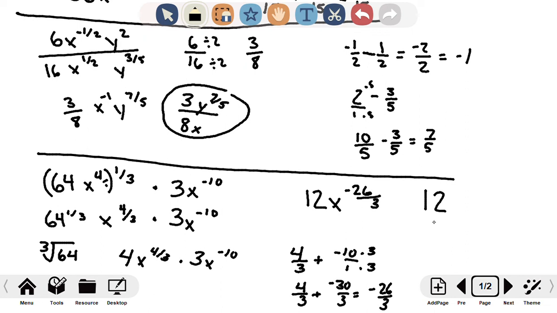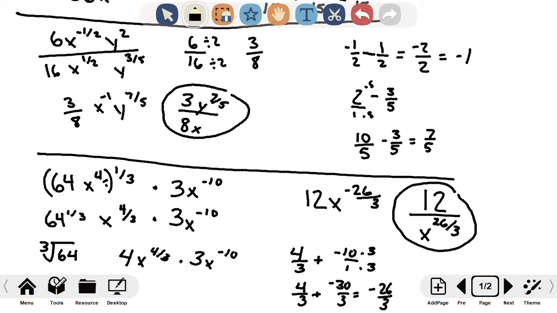So the 12 is going to stay on top, and then this whole thing, the x with its negative exponent, is going to move to the bottom. So we're going to have a positive 26/3 exponent on the x when we move it to the bottom. It's supposed to be a 3 there. 26/3. There we go. So there's our final answer.